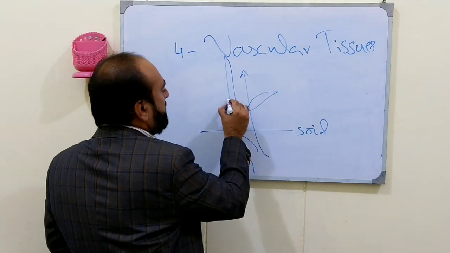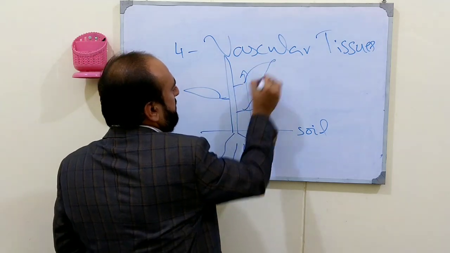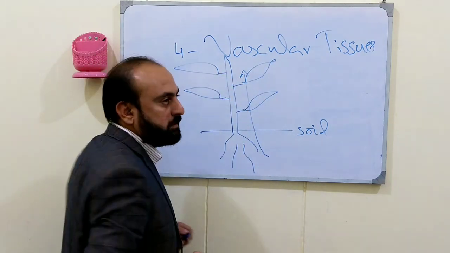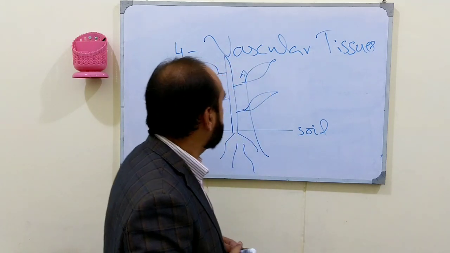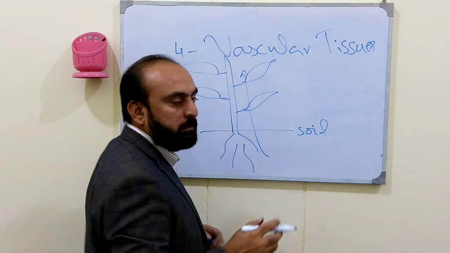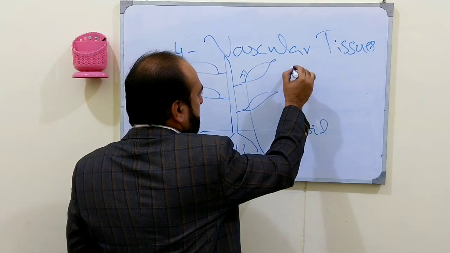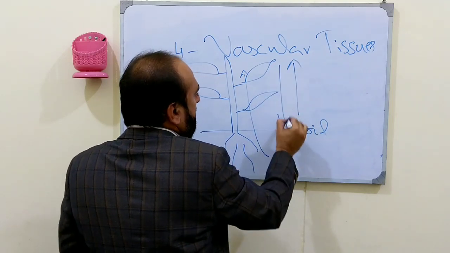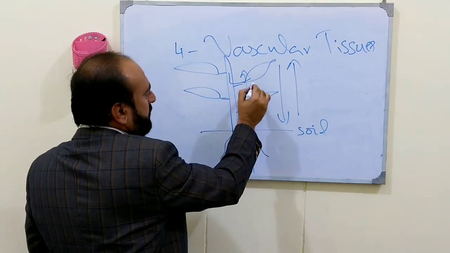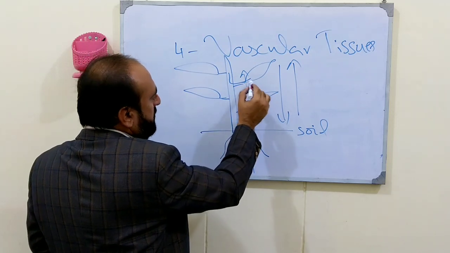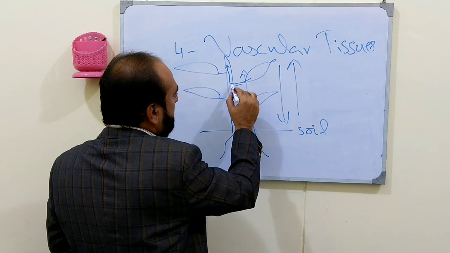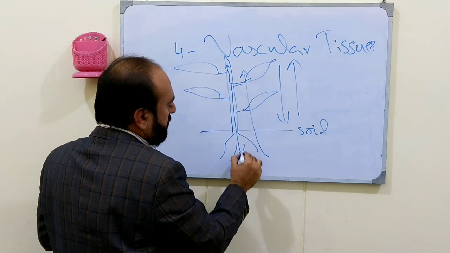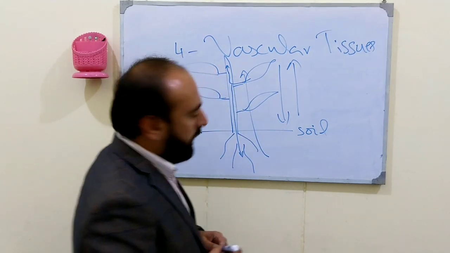Whereas phloem distributes the products of photosynthesis, mainly sucrose or some other organic substances, in two ways, both upward and downward. So it can move the products of photosynthesis from leaves to upper parts of the plant as well as down to roots.